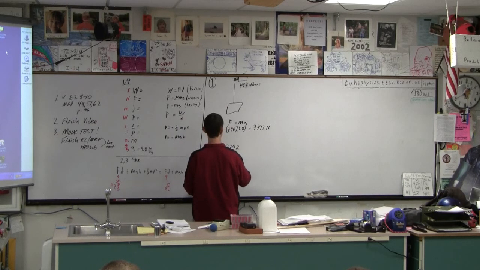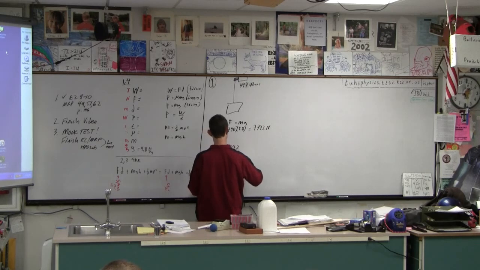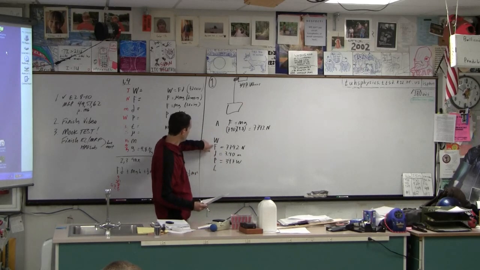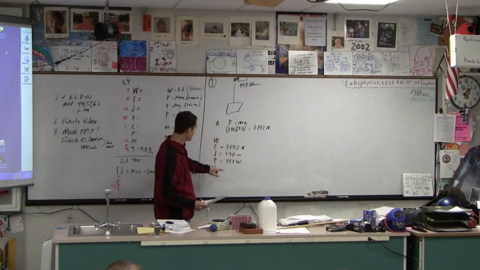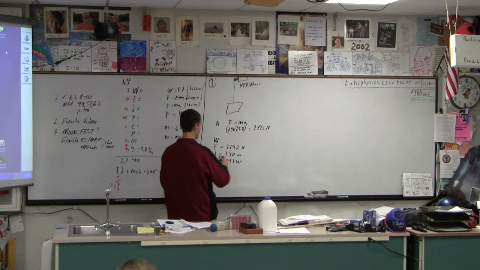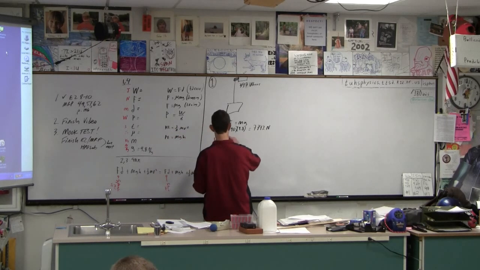The power is equal to 347. This is newtons, this is meters. So it seems to me that we can figure out the work first, go this times this and find that. And then there's a relationship between power, work, and time. So the first thing I'm going to do is use work is force times distance.